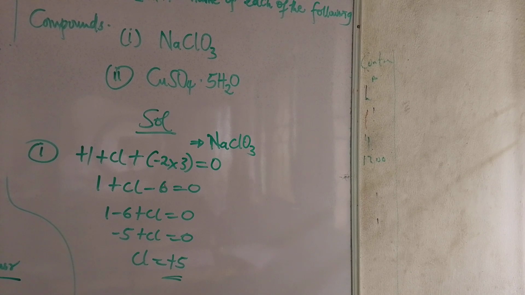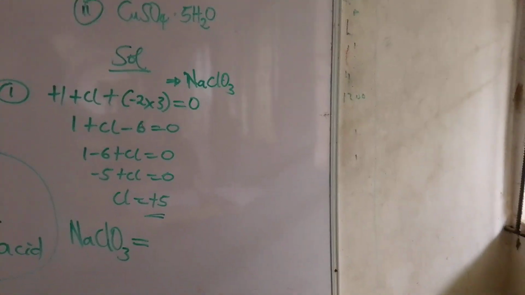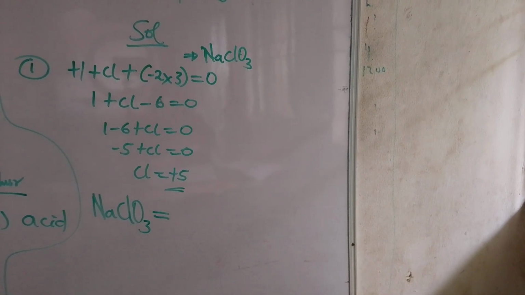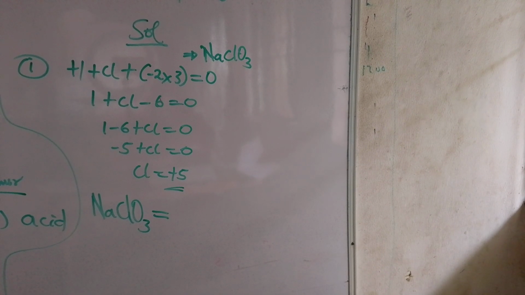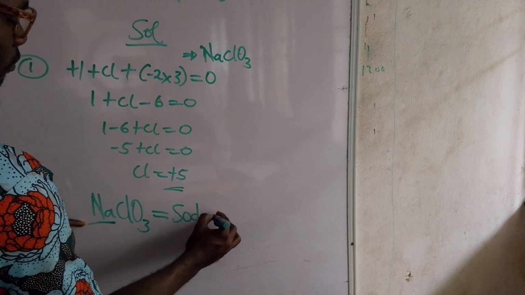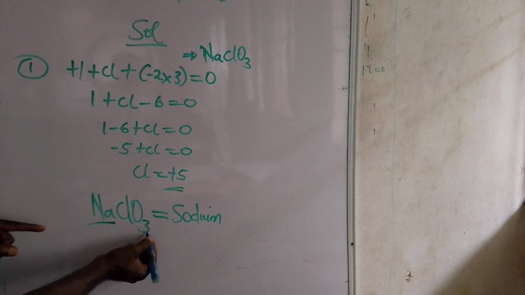So if I want to call this NaClO3, sodium will be called first. After sodium, you go back to oxygen. 3 means tri.